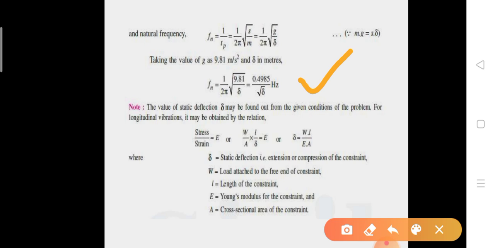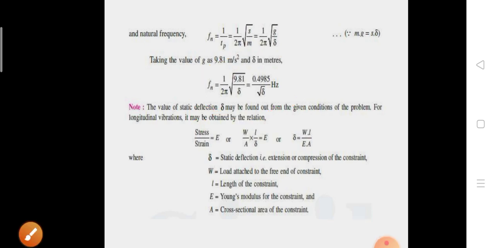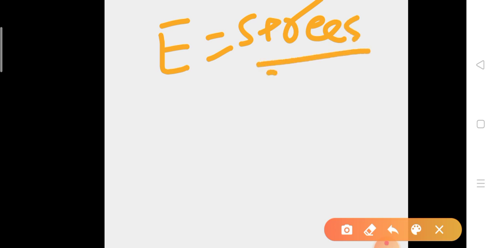Okay, so again from this equation we need to find the delta, that is the deflection of that system. So how will you find out the deflection of that system? So this is the formula. We already know what that formula is. That formula is Young's modulus is equal to stress upon strain.